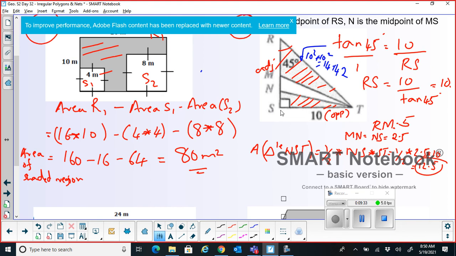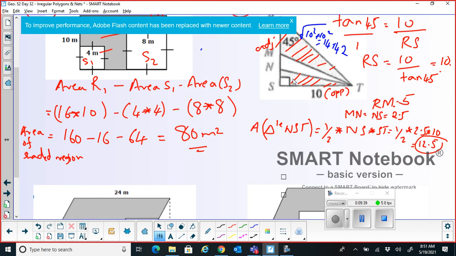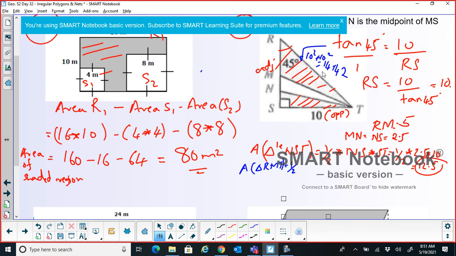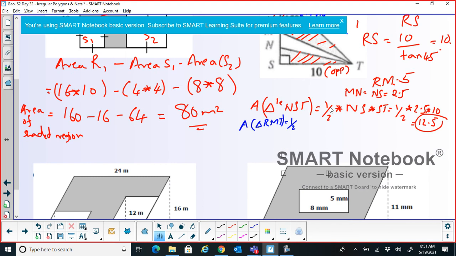Why did I do that? Because I can use the formula to find area of triangle RMT. Area of triangle RMT is half of two consecutive sides that we have, which is RM and RT, times sine of the included angle 45.